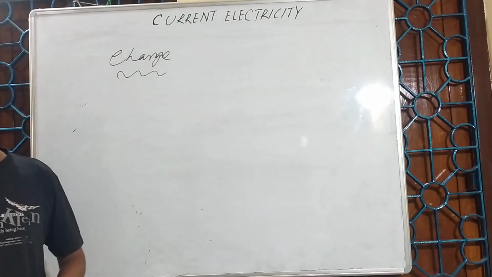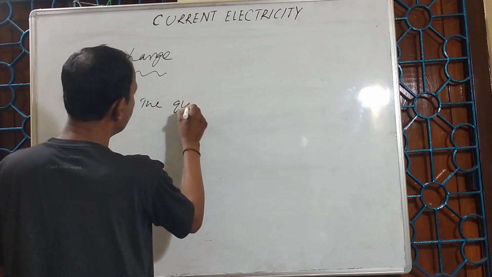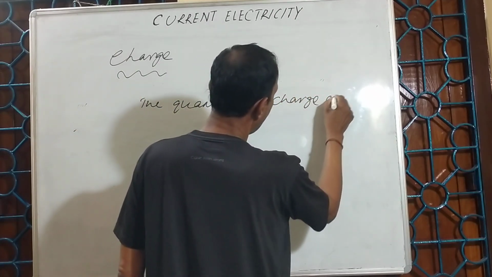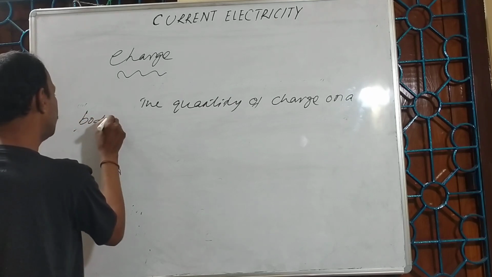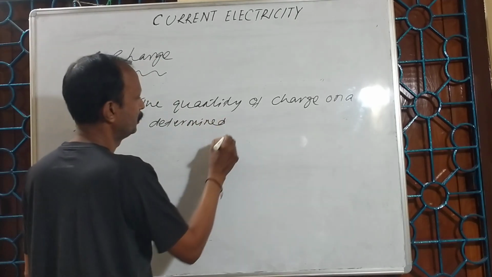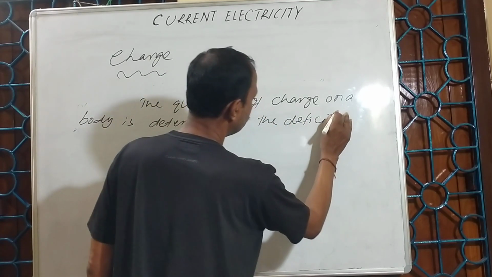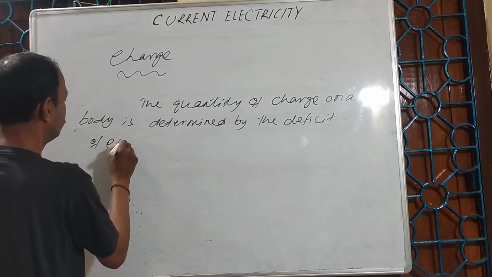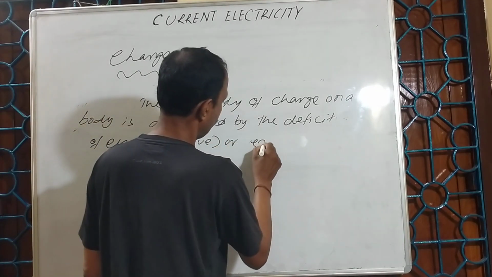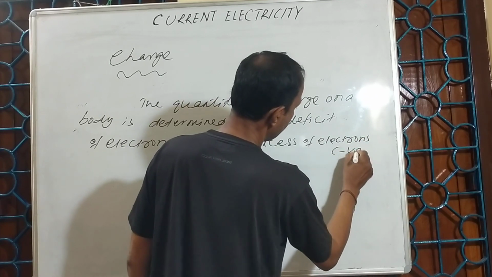So I can say that the quantity of charge on a body is determined by the deficit of electrons, means positive, or excess of electrons, means negative.